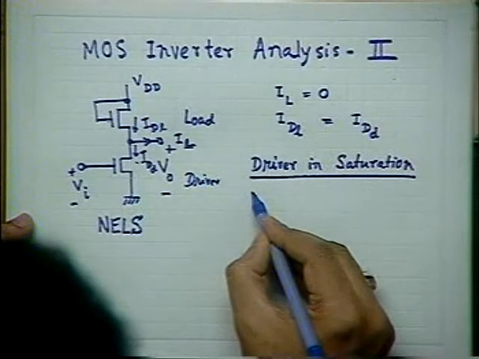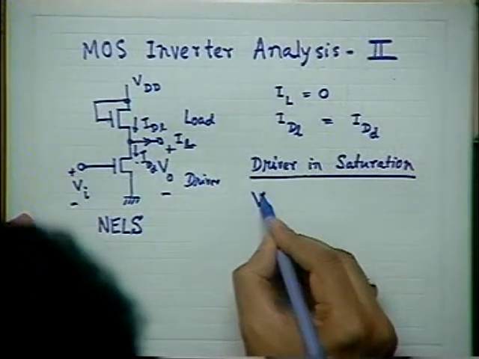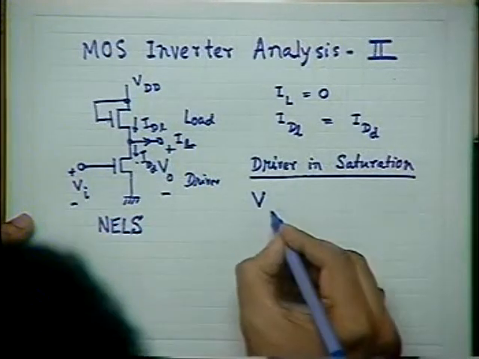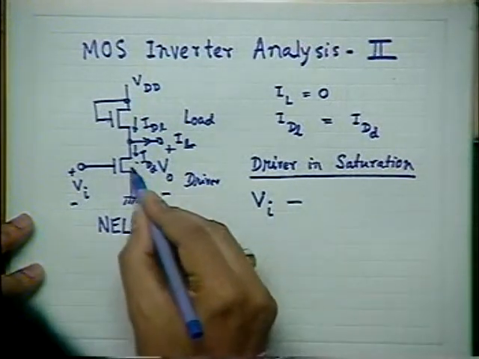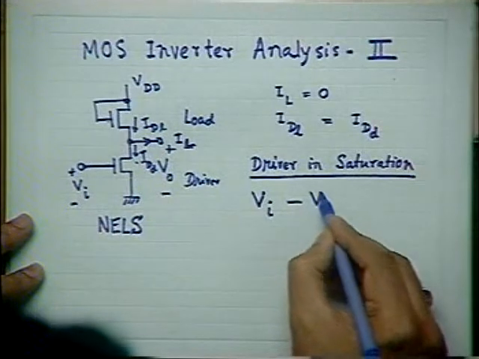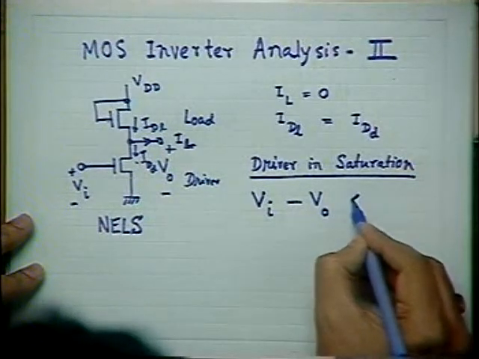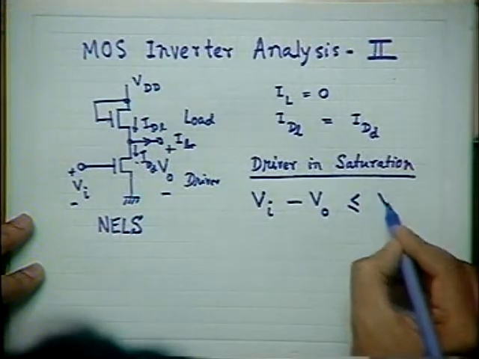To ensure this condition, the VGS of the driver, which is VI, minus the VDS of the driver, which is VO, should be less than or equal to the threshold voltage.